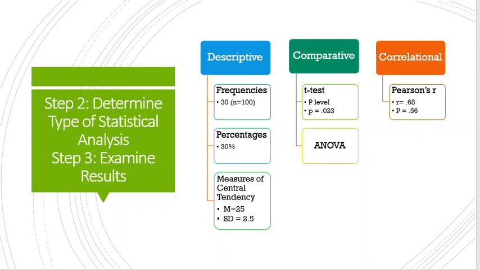Looking at them one at a time, let's look at the type of statistical analysis we're going to do. For the descriptive, all we can do is frequency, percentages, and measures of central tendency at times. For the comparative, because we have interval level data that could have an absolute 0, we are going to use a t-test, which looks at p-values, and the p-value for the test for a previous year was 0.023.